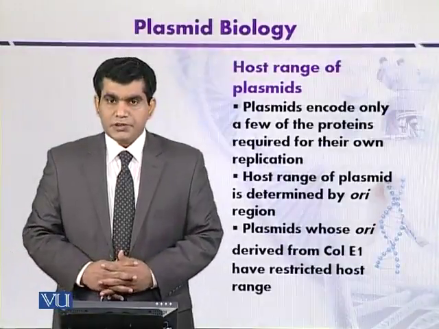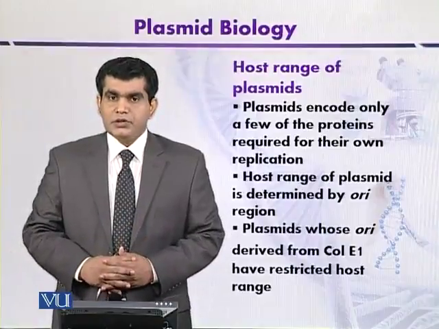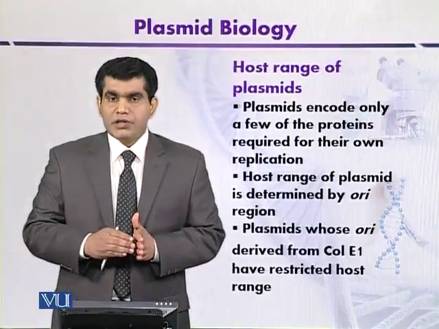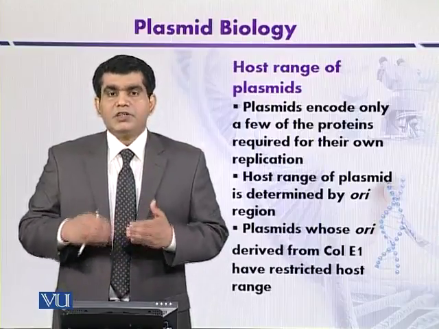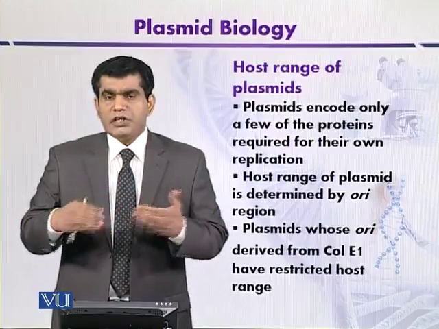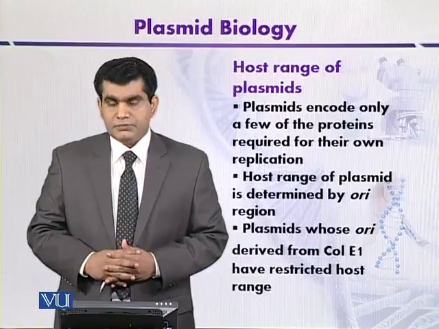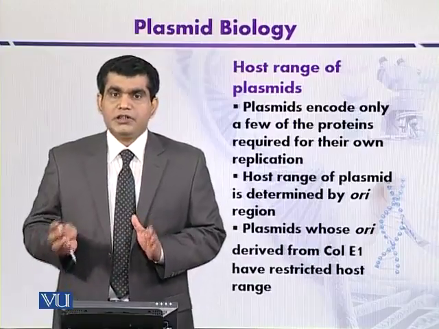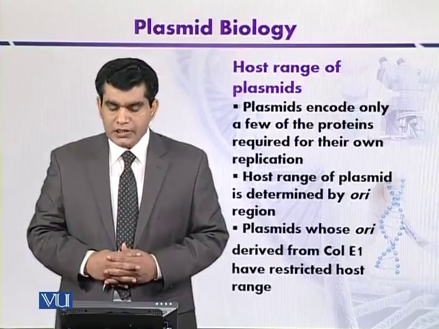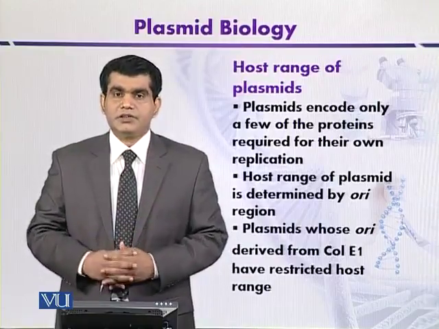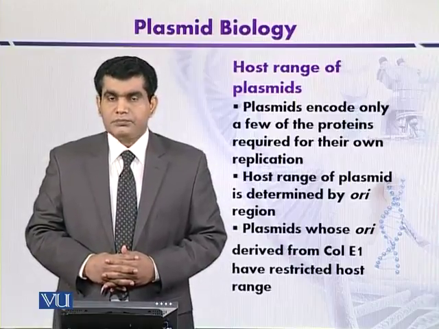Host range of plasmids refers to whether, when present in microbes, they have a narrow host range or a wide host range. A plasmid usually encodes a few proteins necessary for its replication, while other proteins, mainly enzymes like DNA polymerases, helicases, or even ligases, are provided by the host organisms.